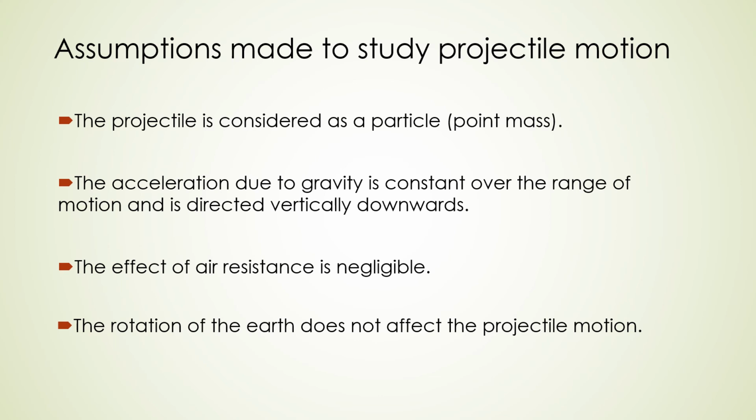Next, the effect of air resistance is negligible in projectile motion. The rotation of the earth does not affect the projectile motion. So these are the assumptions made for the study of projectile motion.